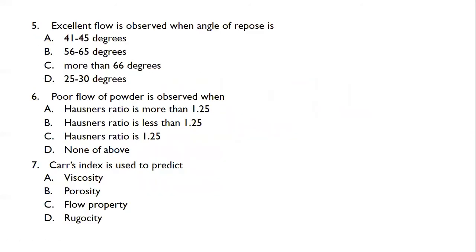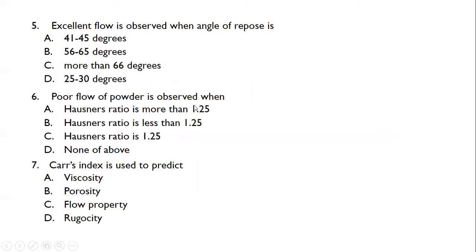Excellent flow is observed when the angle of repose is between 41 to 45 degrees, 56 to 65 degrees, more than 66 degrees, or 25 to 30 degrees. These ranges may differ from one book to another or from one site to another, but we have to select the appropriate option from this.